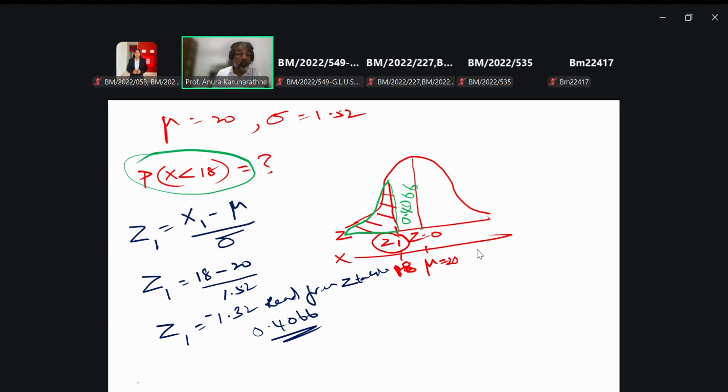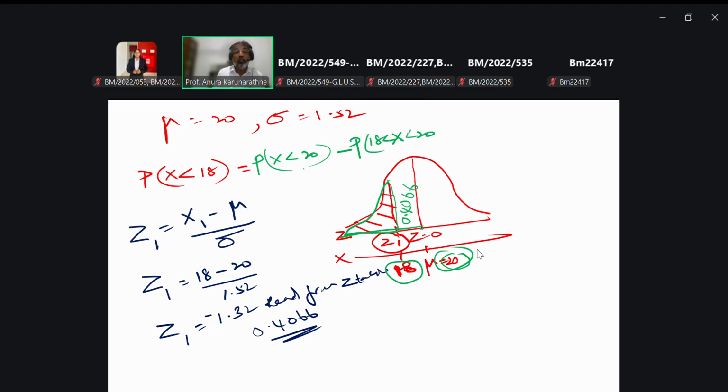This is similar to this total area below 20, which means 0.5, the probability x less than 20, minus the probability in between these two, 18 and 20.